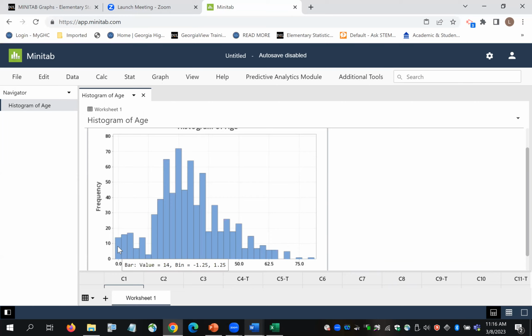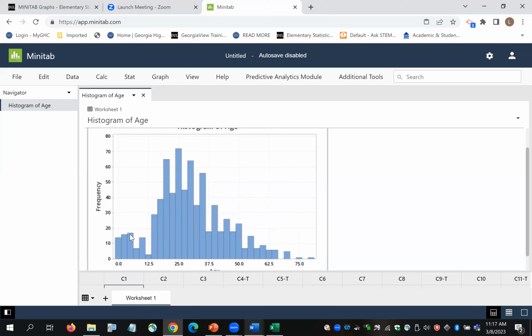So technically, the lowest age we could have is 0. And my highest value, it looks like this last bar here is at 81.25. So the ages ranged roughly from 0 to maybe 81, 82. If I want to know the highest bar here, most of the people were in the age range 23.75 to 26.25.